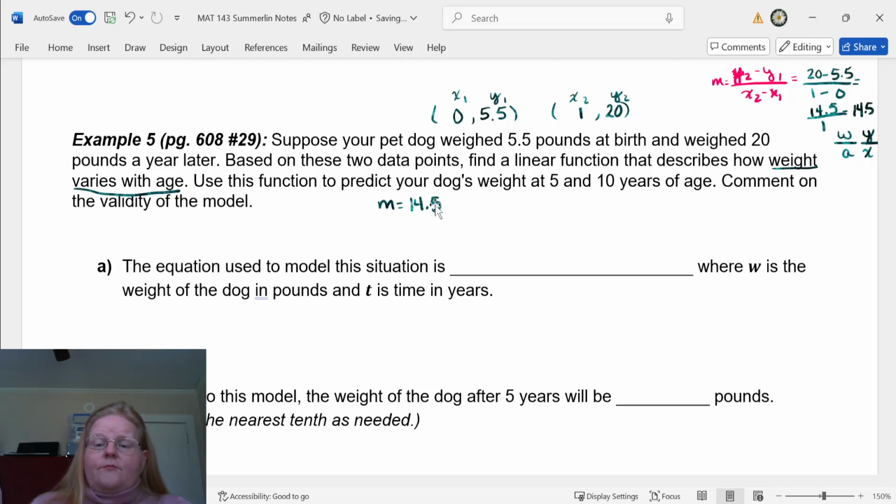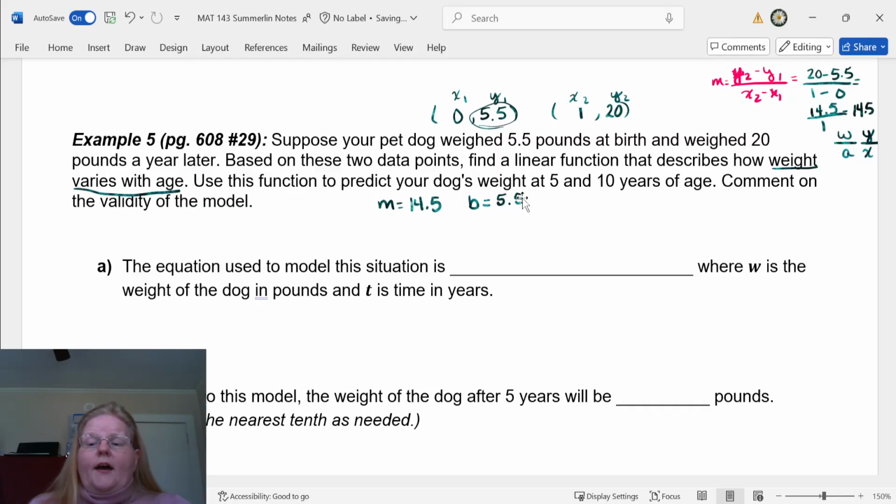Part of it's done. We also need to find our b, which is our starting point, or our initial y. In other words, our y1. So that's 5.5.